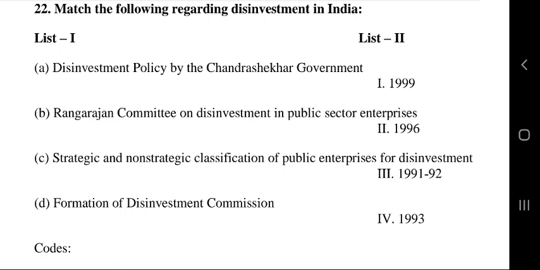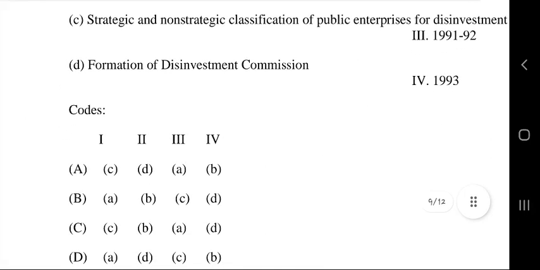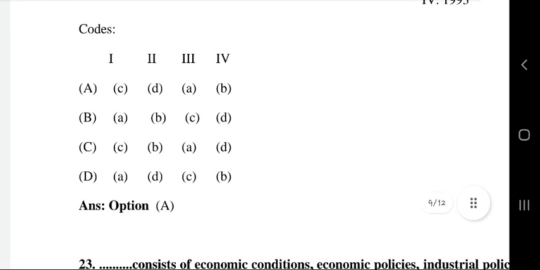In the list 2 part, the options are 1999, 1996, 1991 to 92 and 1993. These are the options included in list 2 and some codes are given, and they asked which code is correct.